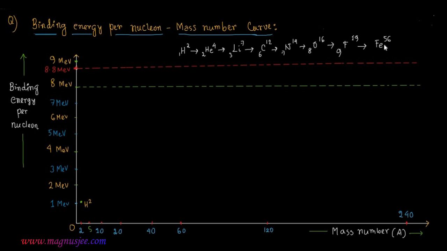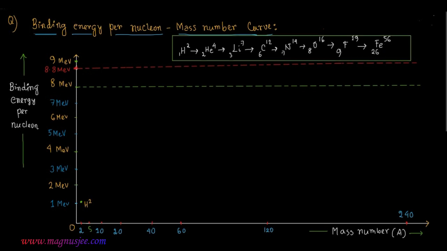That means we also have to denote the position of Fe56, the iron nucleus, on this binding energy curve. After Fe56, we have to denote the position of the uranium 239 nucleus.